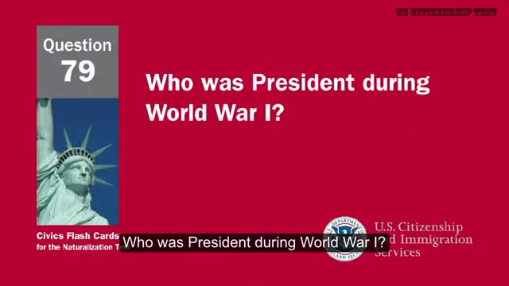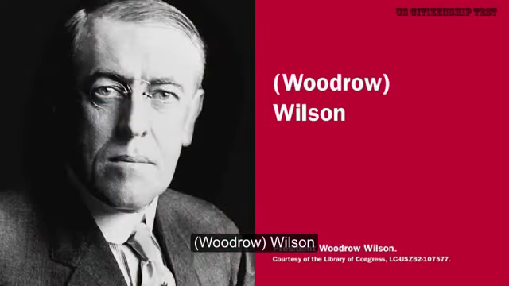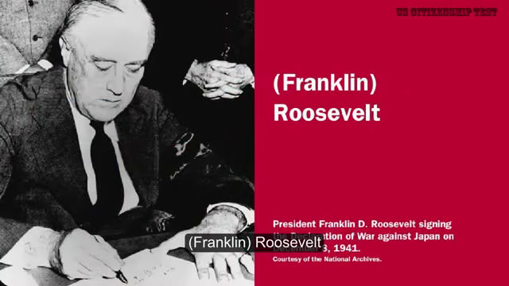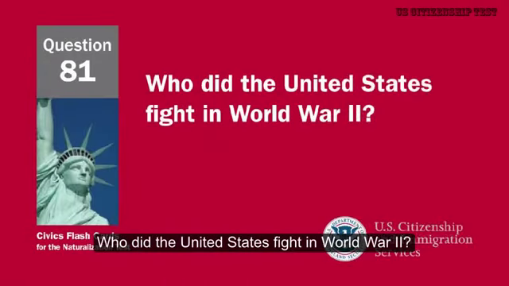Who was president during World War I? Woodrow Wilson. Who was president during the Great Depression and World War II? Franklin Roosevelt. Who did the United States fight in World War II?